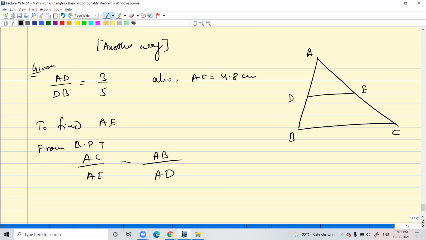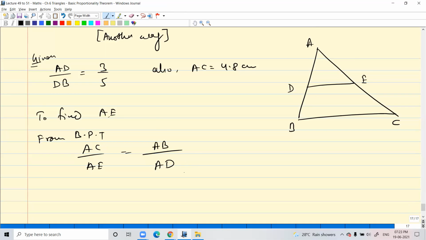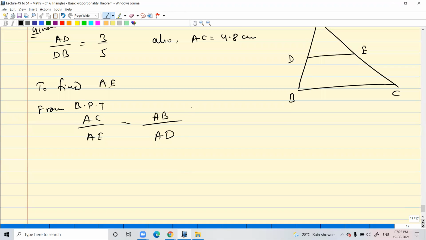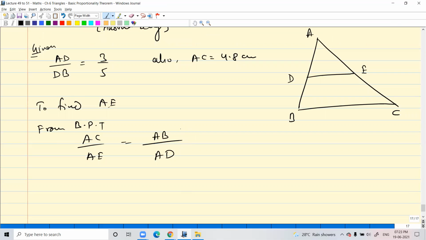AB by AD. Now, what are the things I don't know here? Okay, Charan is worried. Why did I keep this in the denominator? But there is a reason for that. Anyway, we have to do some reciprocal later. So let it be like this itself.